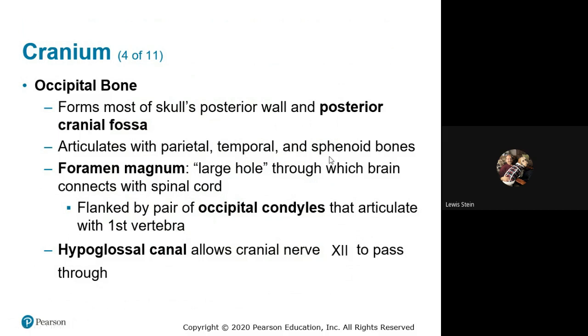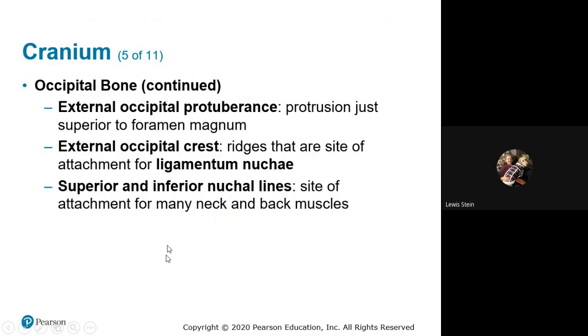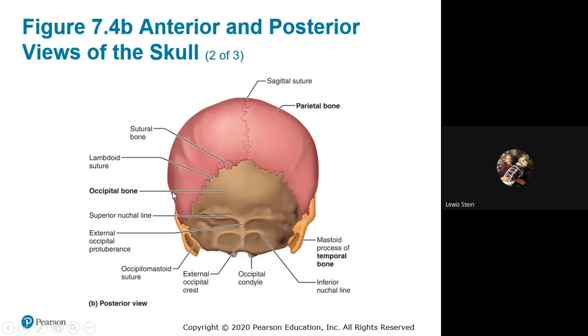All the cranial bones interact with the sphenoid, they touch it. When we get to the face, or the upper jawbone called the maxilla, all the bones in the face make contact with that. So there's a couple of interesting little nuances. The foramen magnum, the occipital condyle sitting on the first vertebrae, the hypoglossal canal, and then these bumps or protuberances that you see.